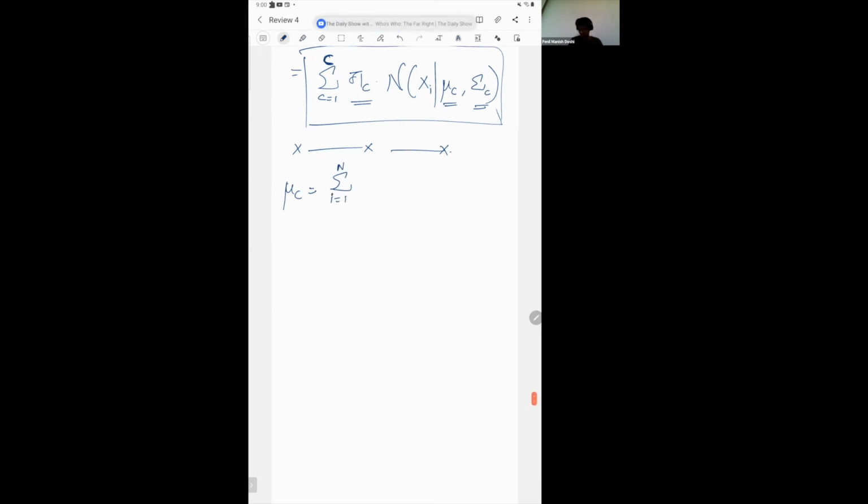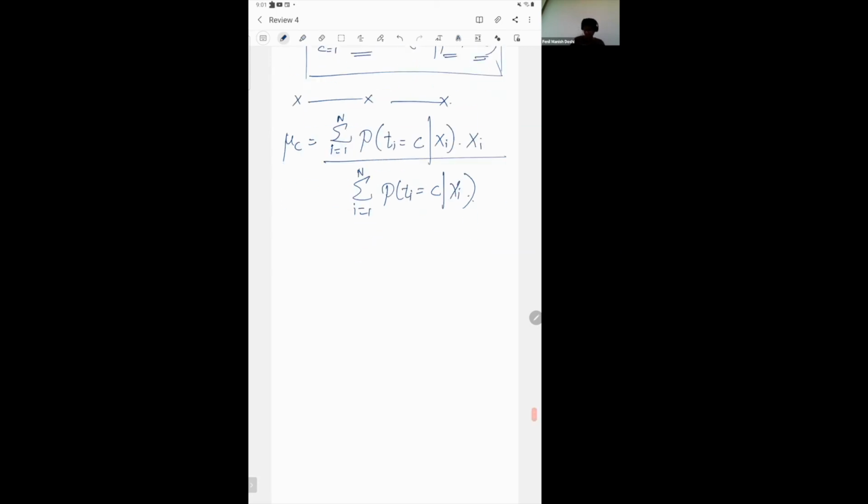And now I'm summing over all the data points. Just writing down the formula. We know this thing is a Gaussian.